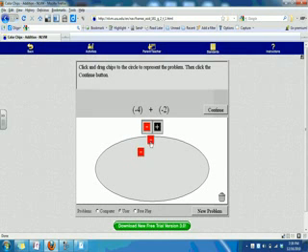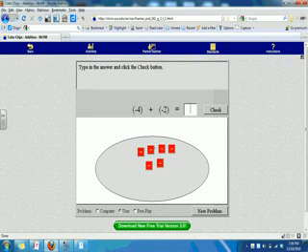Well, let's see. We've got 4 negative chips. We have 2 more negative chips. Can I drag these on top of each other and make them disappear? The answer is no, because they're all negatives.